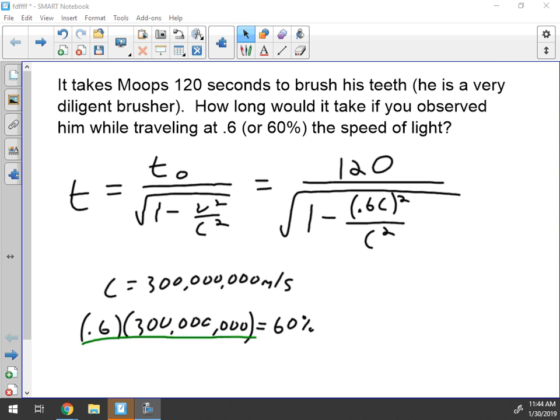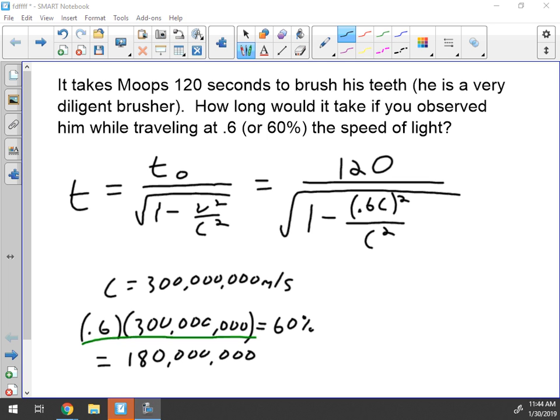I could also multiply that out, and I'd get 180 million, which is 60%. So instead of writing 180 million and putting 180 million into my v, I'm just going to use 0.6c, and you'll see why in a second.